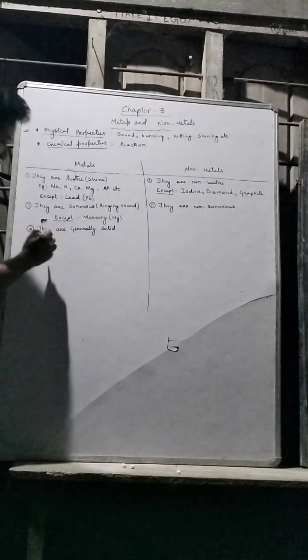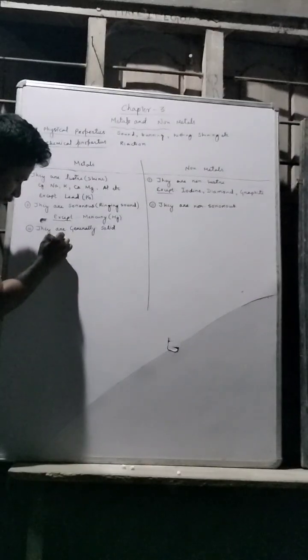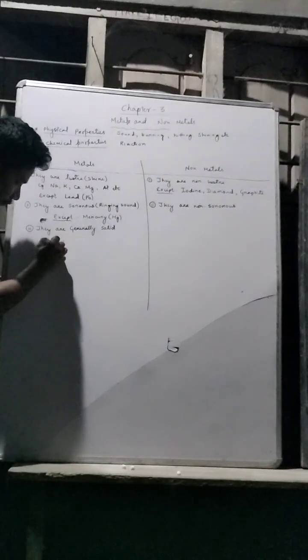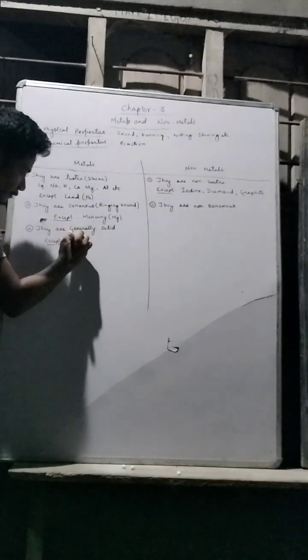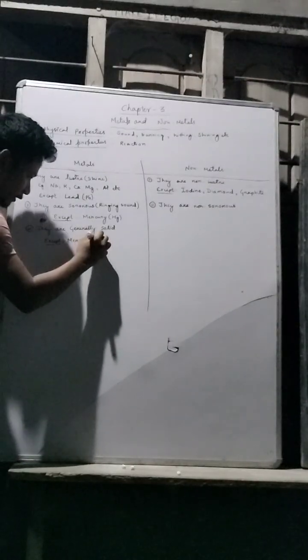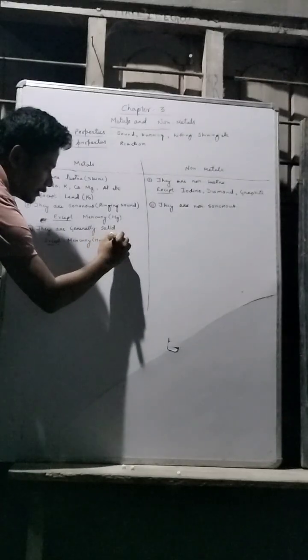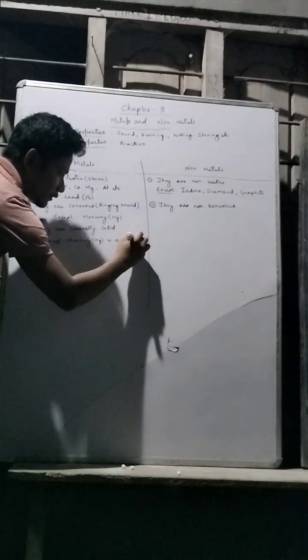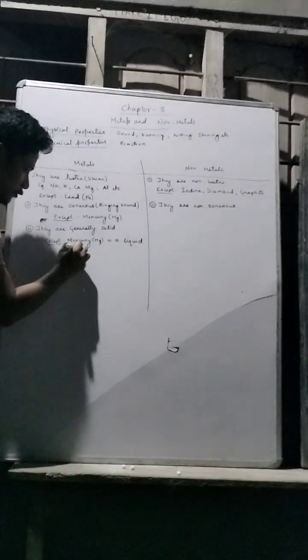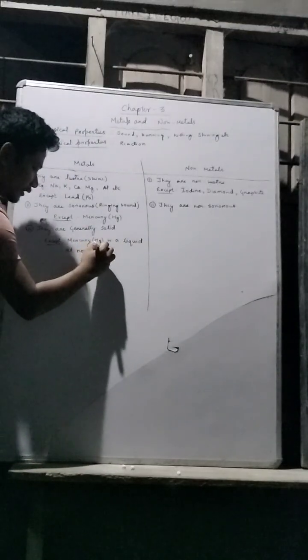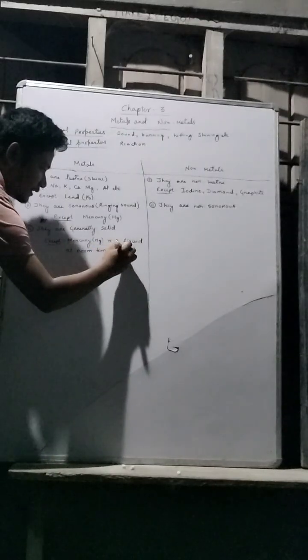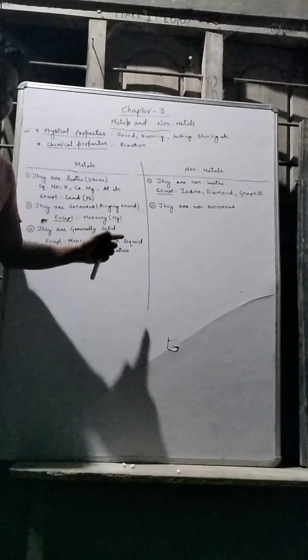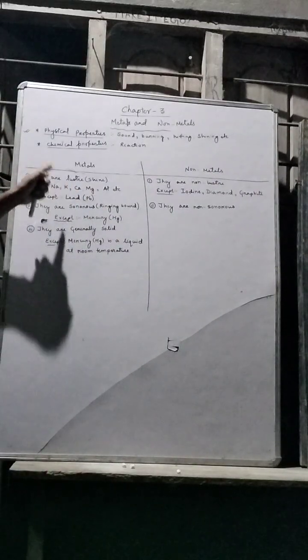But there is only one metal which is not solid, the exception, it is mercury, which is a liquid at room temperature. So right now, if we bring mercury and place it outside, at room temperature, it will remain liquid. But other metals like potassium, sodium, calcium, magnesium, aluminium, all they are what? They are solid.